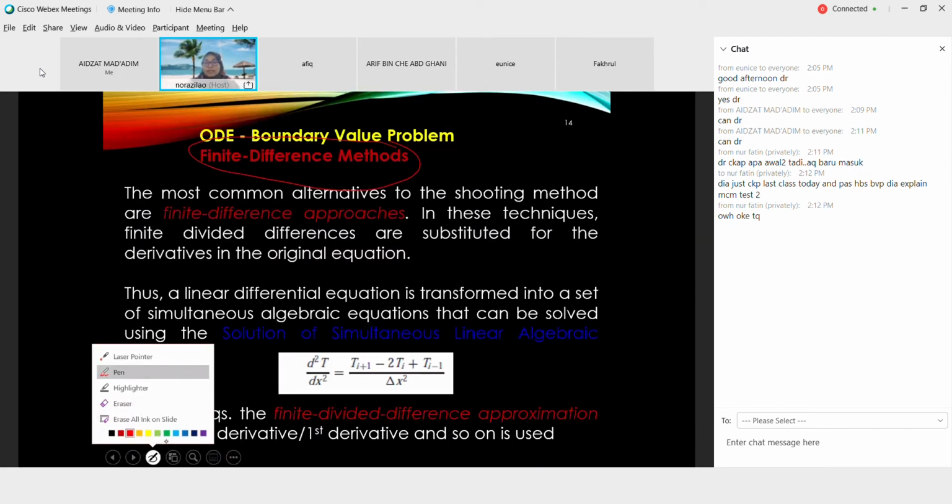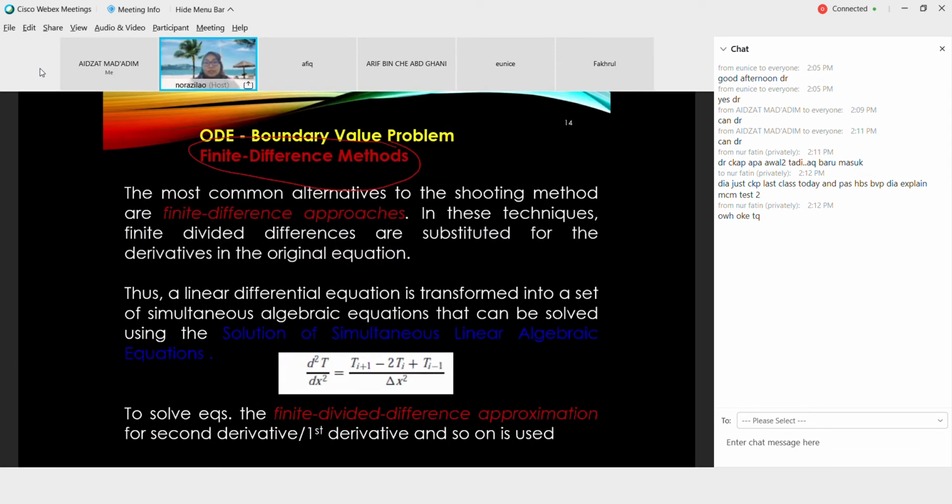The most common alternative to the shooting method is using finite difference approaches. In this technique, finite divided differences are substituted for the derivative in the original equation. So the original equation is an ODE.